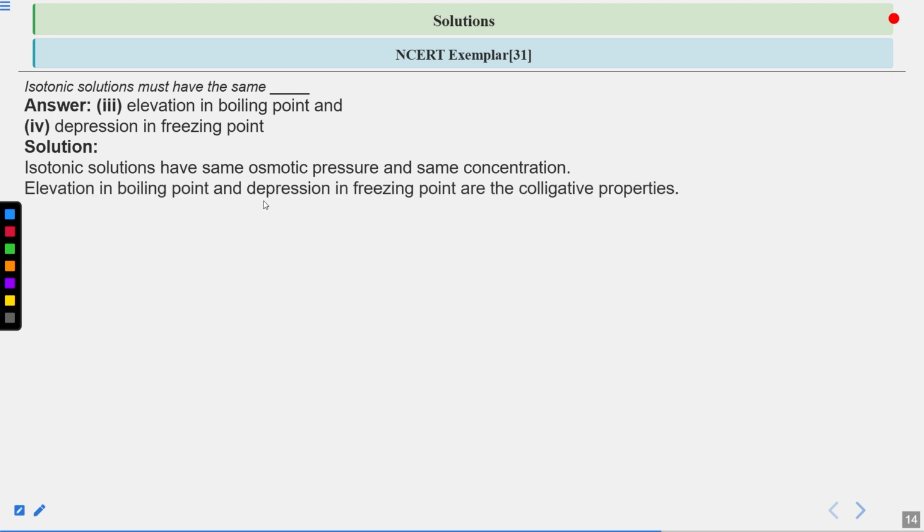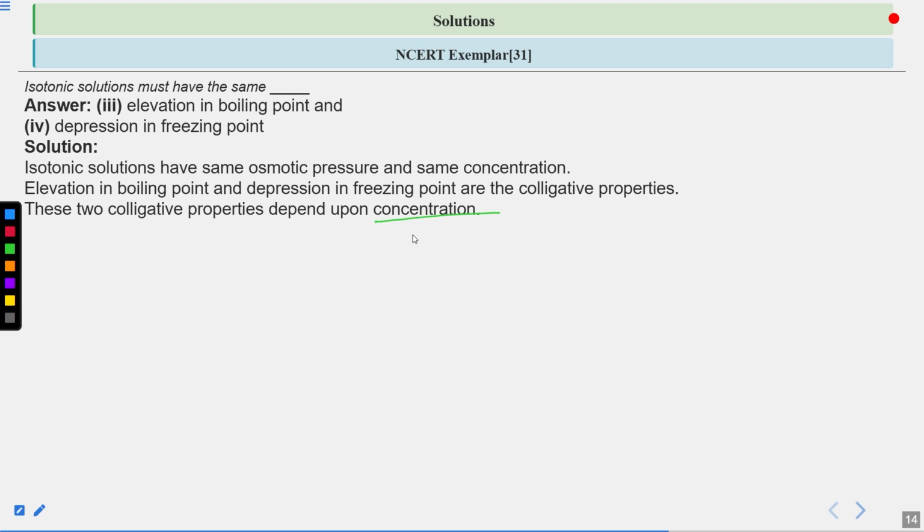Elevation in the boiling point and depression in the freezing point are colligative properties, and these two colligative properties depend upon the concentration, right? Both are defined in terms of concentration, which is why they depend upon the concentration.